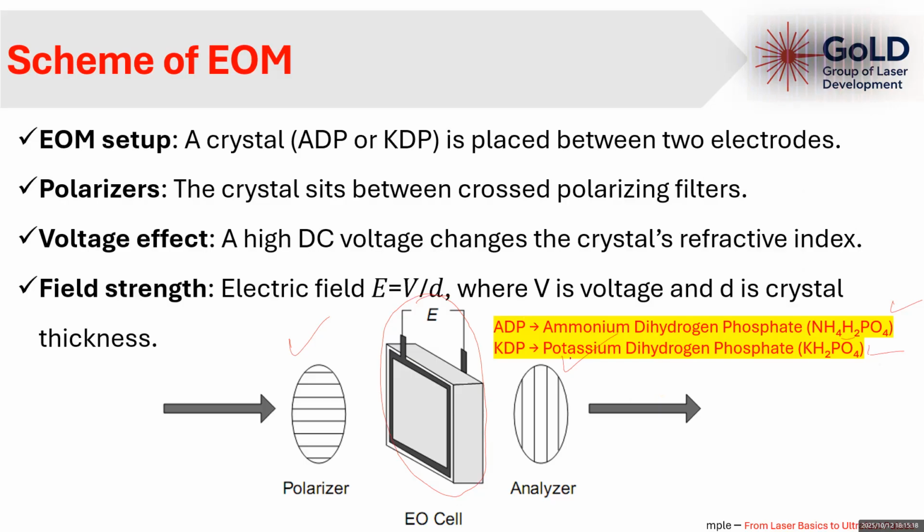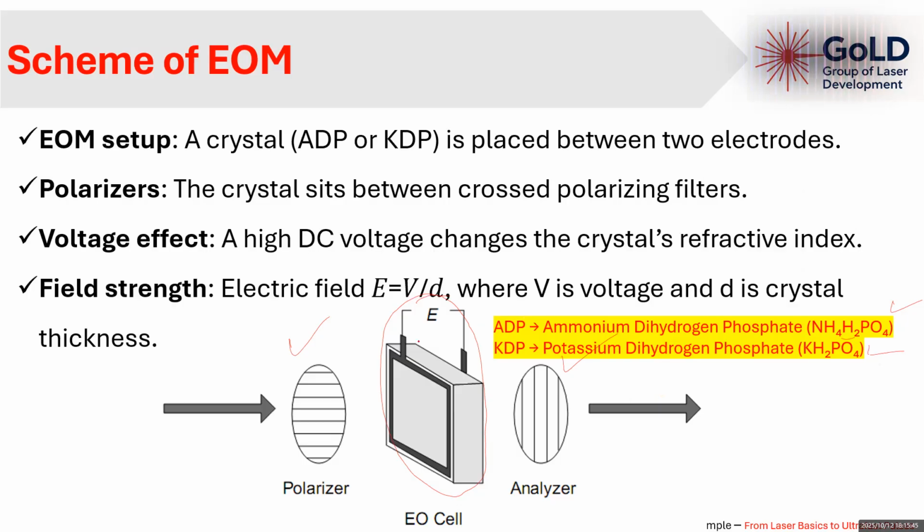Light is twisted when passed through. Whenever we use the electro-optic cell in electro-optic devices, where the crystal is used, we need to use two polarizers: the polarizer where the light enters, and the analyzer from where we take the output. And the electric field is applied on both sides of the crystal.